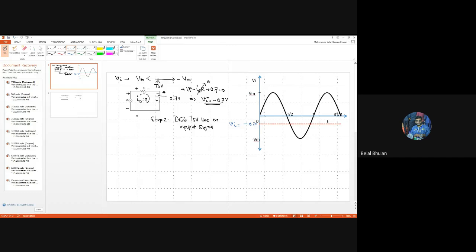This line gives us the boundary between the conduction states of the diode. We know that the diode has two conduction states, either on or off. So this line sharply divides the region for which the diode is on and the region for which the diode is off.